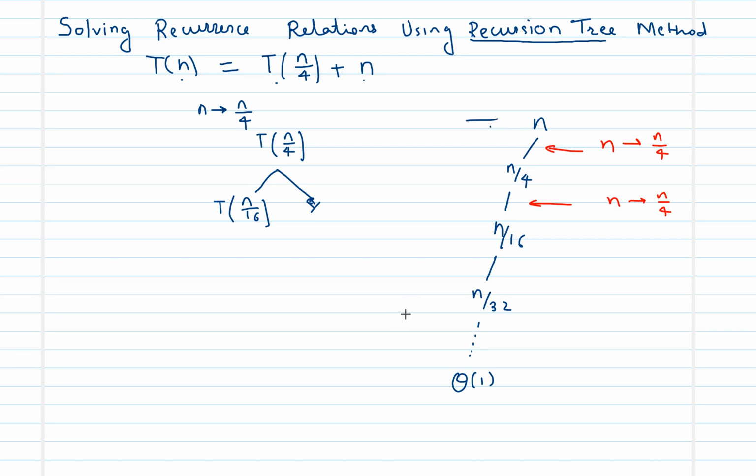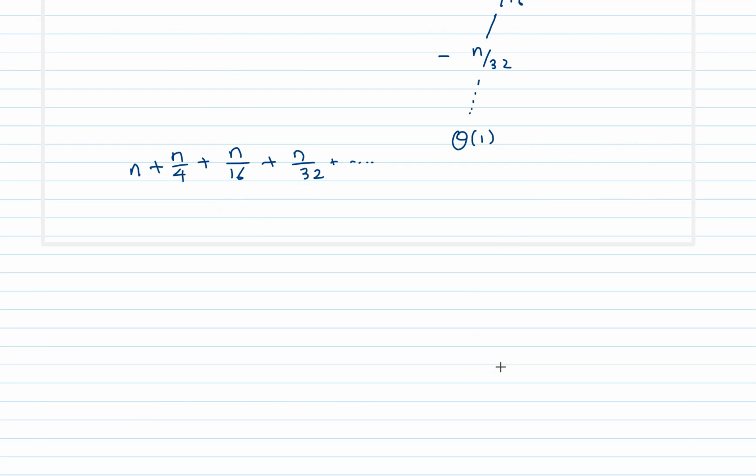This is just a one-sided tree, and I will be summing n plus n/4 plus n/16 plus n/32 and so on, till the term is converted to 1. If I take n common, I get n times (1 + 1/4 + 1/16 + 1/32 and so on).